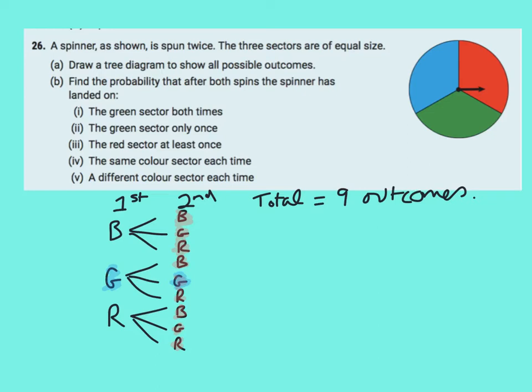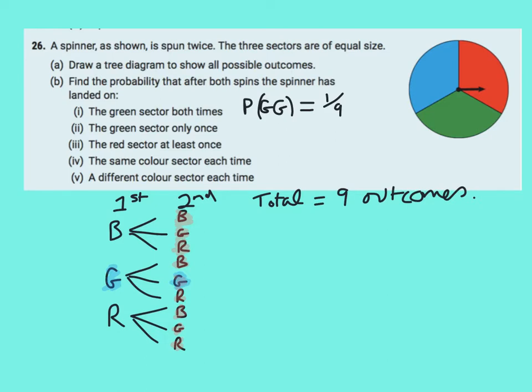So the probability of green and green, I'm just going to put 2 G's, is going to be 1 over 9. Again, any questions on that, let me know. I have the chat up so I can see as we're going along.